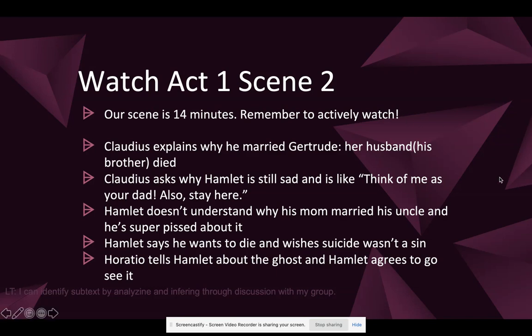So Hamlet does not understand why his mom married his uncle, and he is super angry at both of them about it, right? He is really, really angry. When he's by himself, he's talking to himself and he talks about how he wants to die and he wishes that suicide was not a sin because if it wasn't, he would commit suicide, okay?